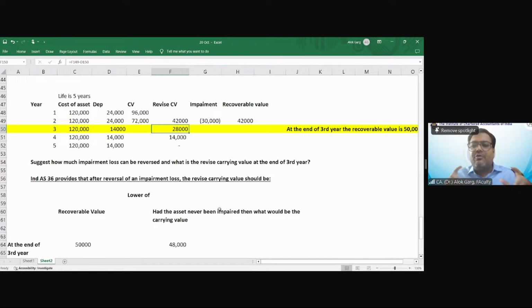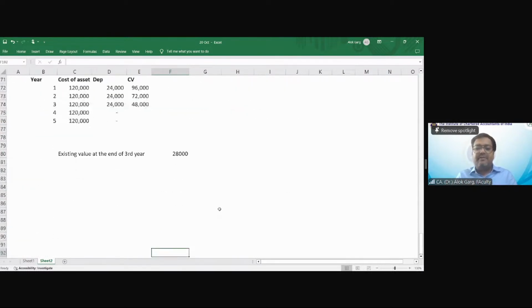स्टैंडर्ड कहता है यू नीड टू कंपेयर योर रिकवरेबल वैल्यू एंड व्हाट वुड हैव बीन योर रिवाइज्ड कैरिंग वैल्यू इफ दिस एसेट वुड हैव नेवर बीन इंपेयर्ड. अगर इंपेयरमेंट नहीं होता, डेप्रिसिएशन तो होता, तो वैल्यू क्या बनेगी? So it comes out at 48.